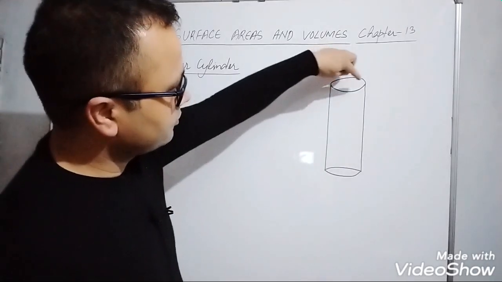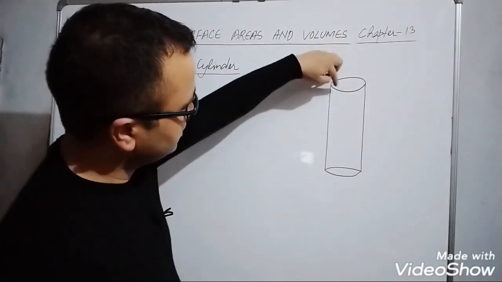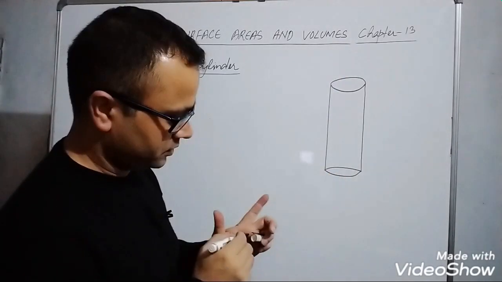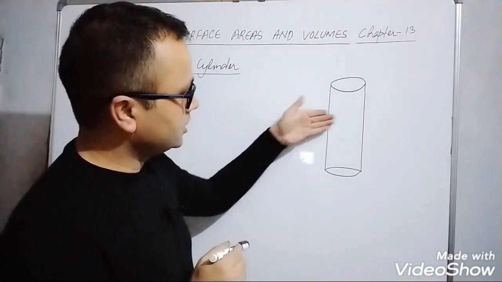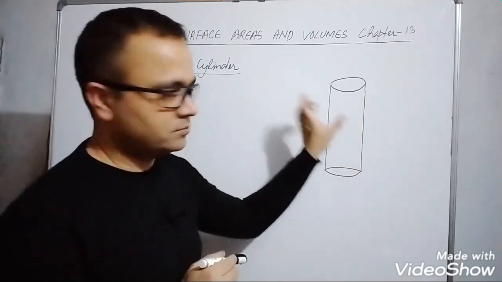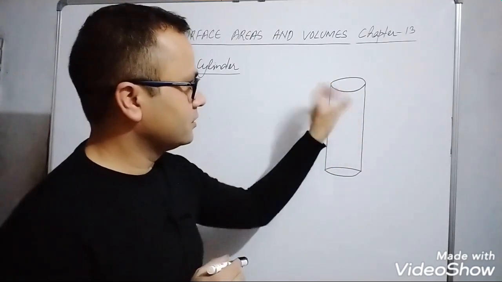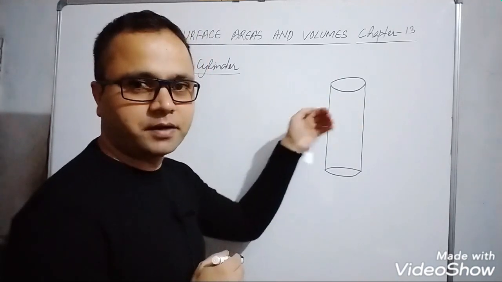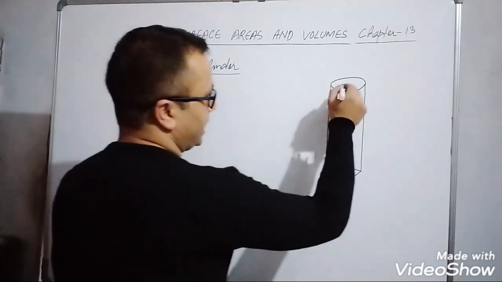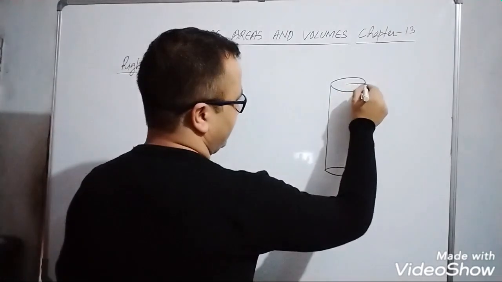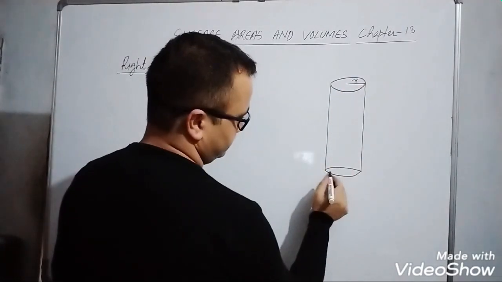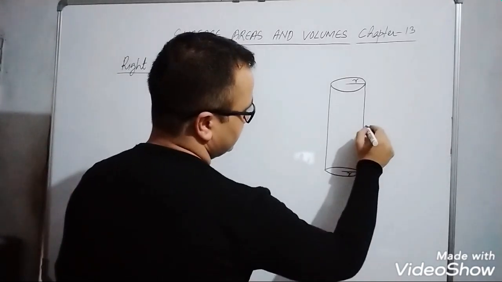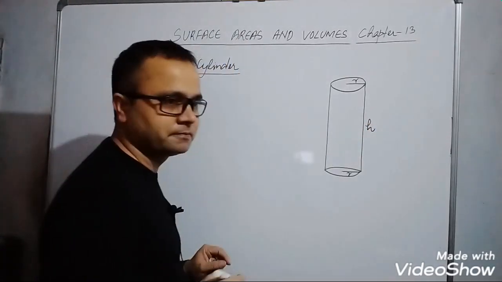So this portion is the cross sectional portion, and the lengthwise part, the height-wise part, is the curved part. It has radius r, and now this is the height.